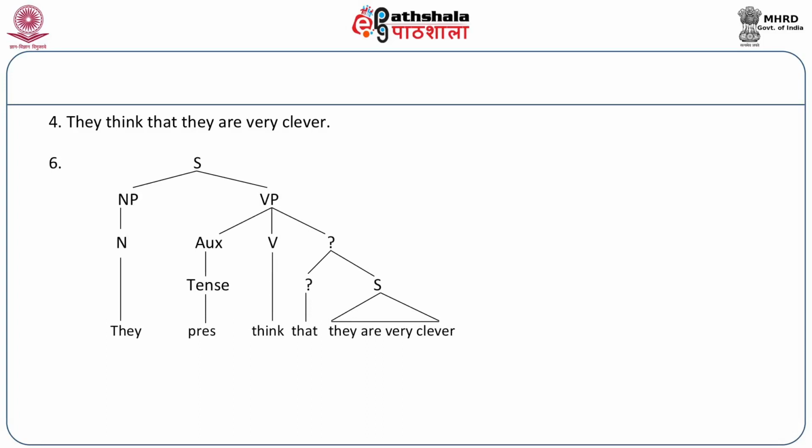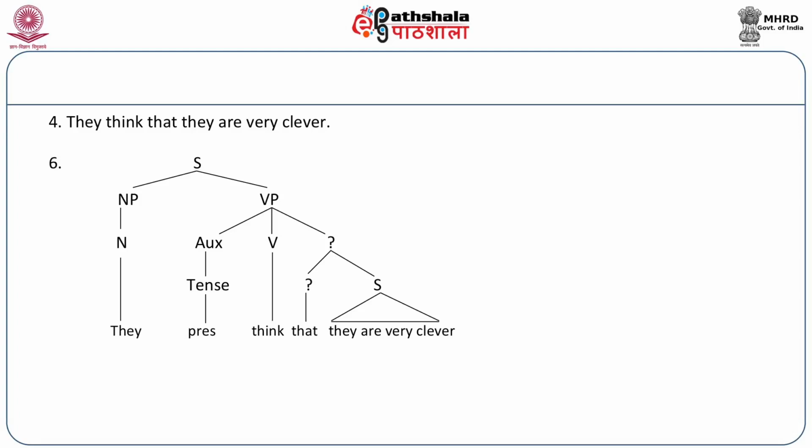Now look at the diagram 6. Here we have a tree diagram for the sentence they think that they are very clever, and we have already decided to call they are very clever an S because it is a clause. Now if they are very clever is an S, what will be that they are very clever?